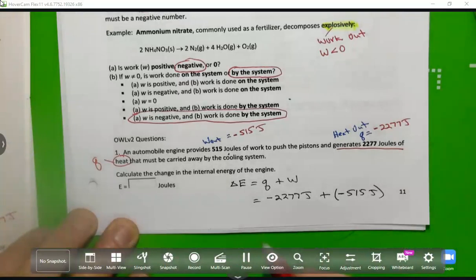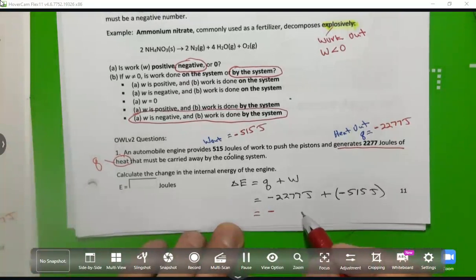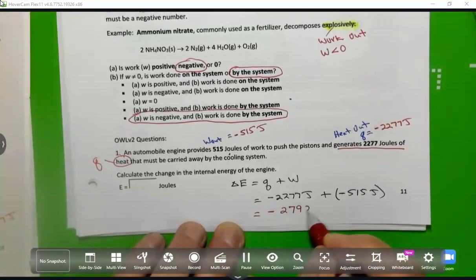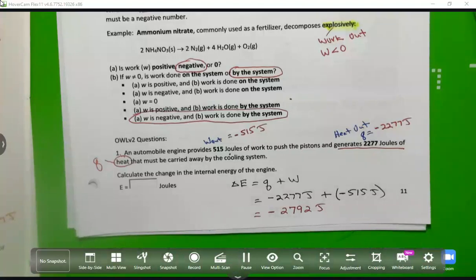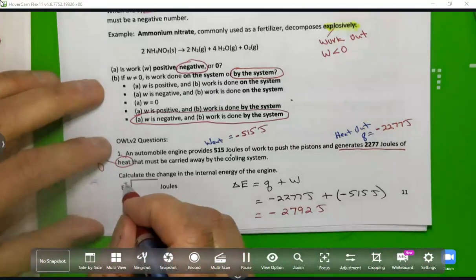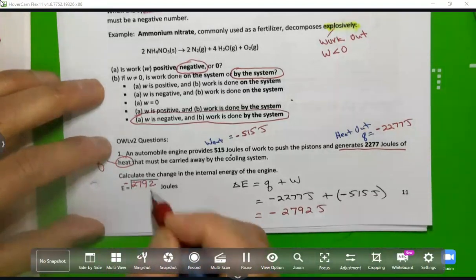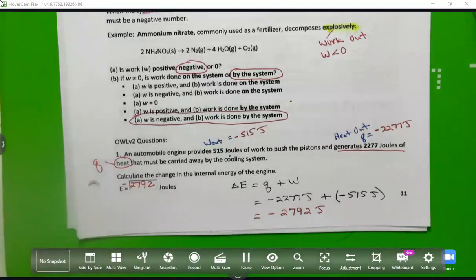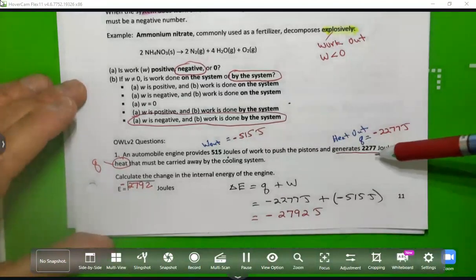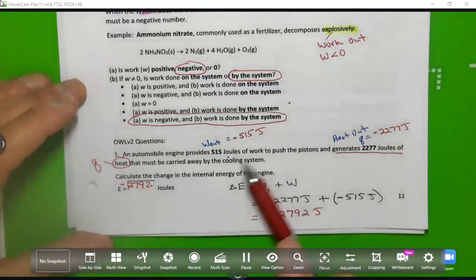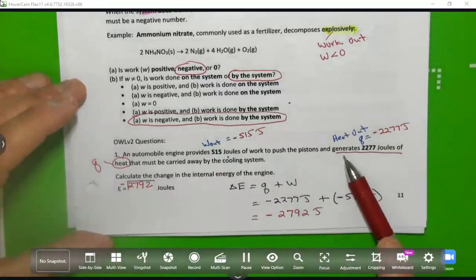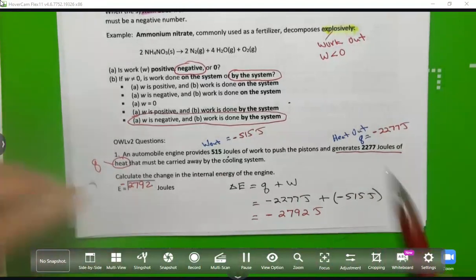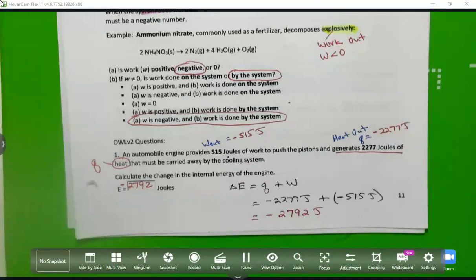So for sure, I'm going to get negative 792 joules. So you're just looking for keywords. Provides work, generates joules of heat. You're looking for keywords to tell you the sign.